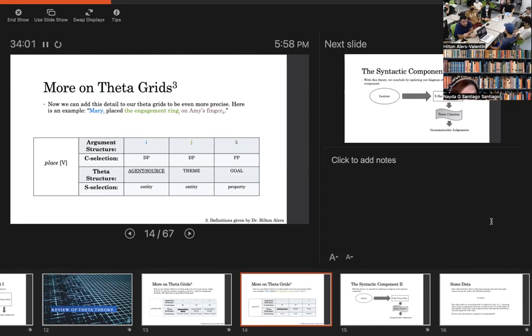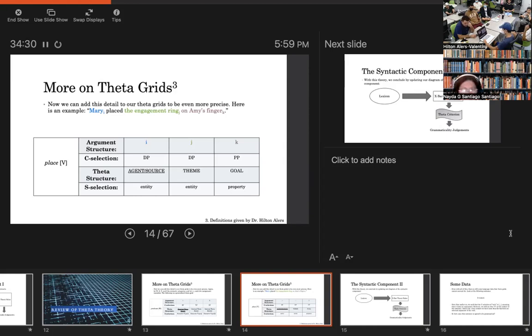If you have placed engagement ring on Amy's finger, you form the VP. Once you have the VP, if it finds another prepositional phrase like on her birthday, it just takes it as an adjunct and adds on her birthday to the verb phrase, creating a bigger verb phrase. So that wouldn't be a problem.